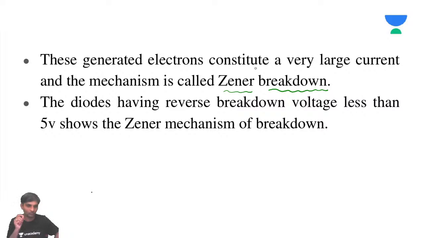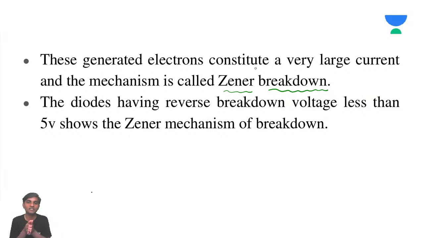Remember one point very clearly. It all happened because of the rupture of the covalent bonds. Zener breakdown happens because of the rupture of the covalent bonds in heavily doped diodes. In a normal diode or lightly doped diode, this will not happen.